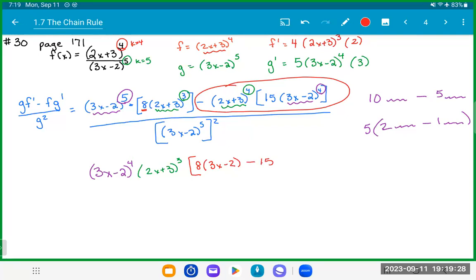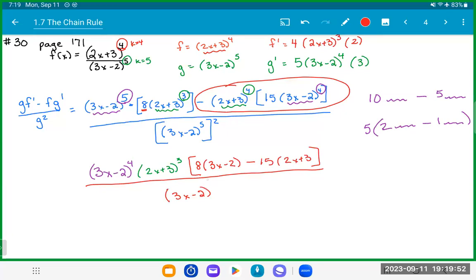We took all of the purple ones out of this side, and we took all but 1 of the green terms. So that's going to leave us here with 2x plus 3. All of that is still divided by our denominator, which is 3x minus 2.